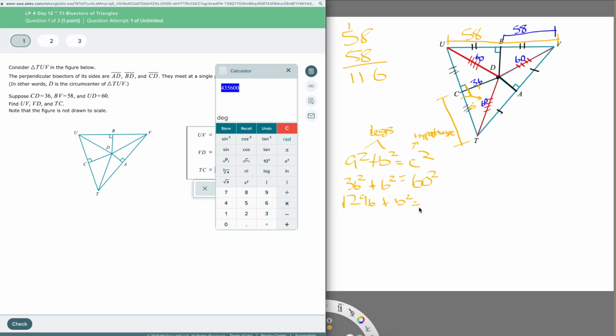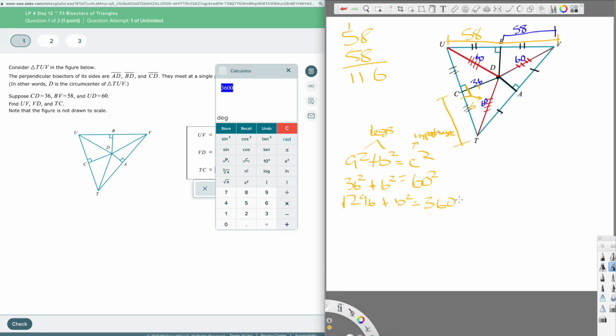Ooh, is that correct? 60 squared? Nope, that wasn't correct. I was going to say that looked like a really large number there. So 3,600. I'm going to subtract the 1,296.